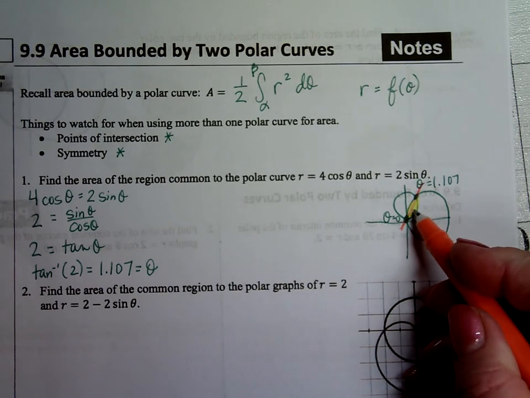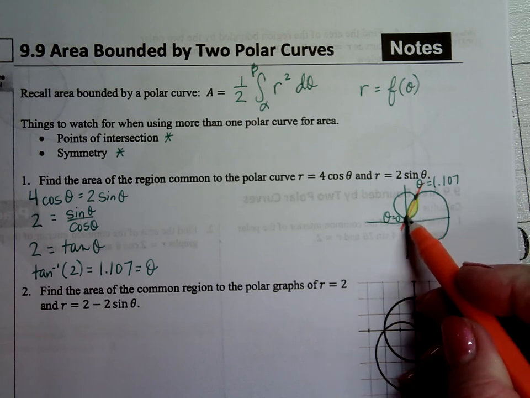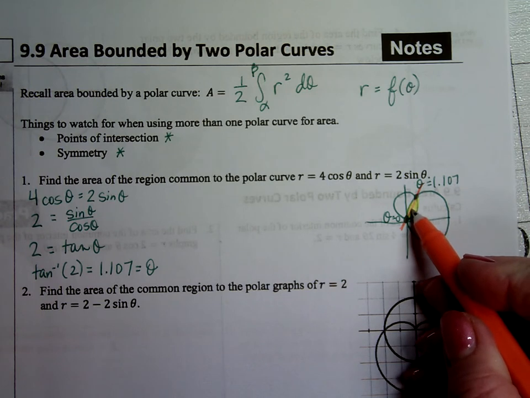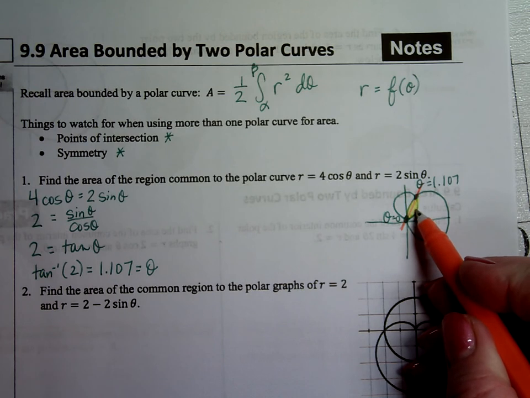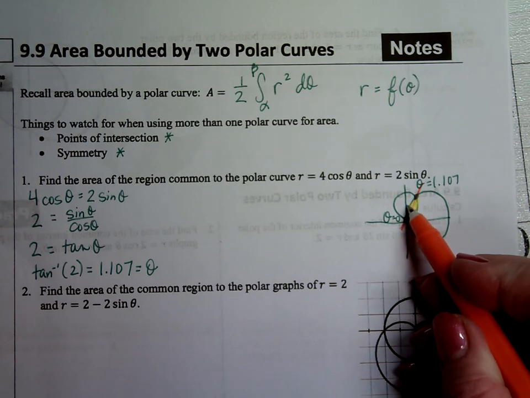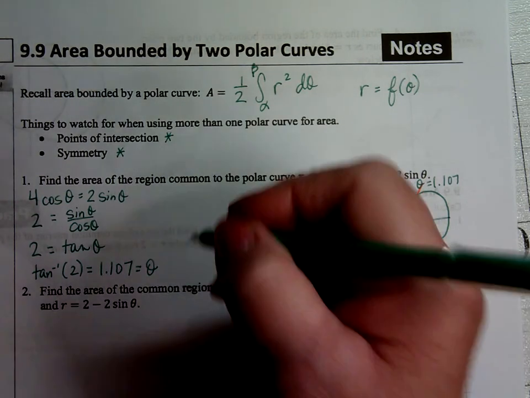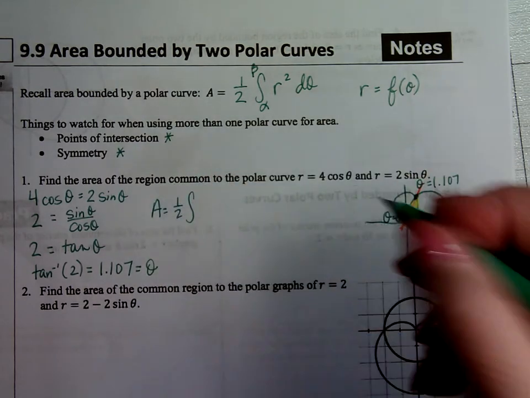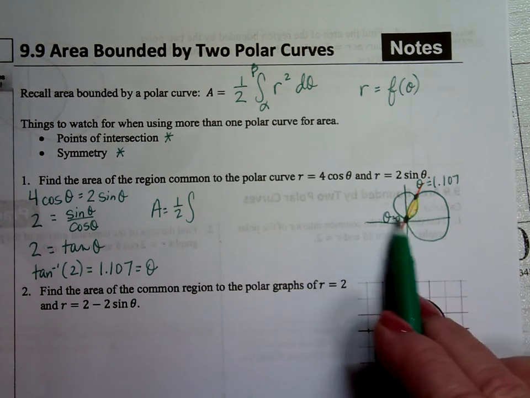This one is a right minus a left kind of thing, because I've got bounds here this way that are these theta values. So I'm going to put two areas together. I'm going to put one area formula for this side of the line and one area formula for this side of the line, to the left of the line. All right, so here it goes. The area doesn't change. It's 1/2 the integral. My right function is the sine function because it's the little circle along the y-axis.